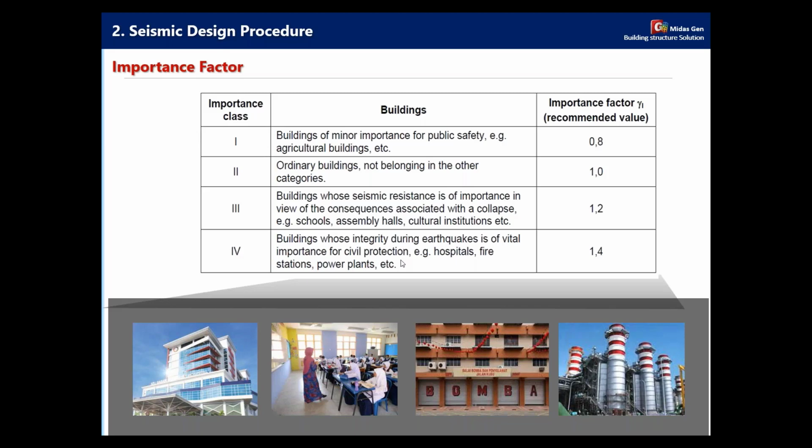But for most cases, we think about important buildings in society, like hospitals, fire stations, power plants, and so on. For those kinds of buildings, we must perform the seismic design, and the importance factor for those important buildings is 1.4.